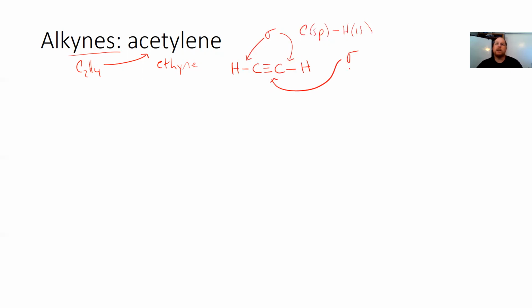So you have a sigma bond, you have a pi bond, and another pi bond, where both of the carbons there are sp hybridized, so they're going to be carbon sp to carbon sp.